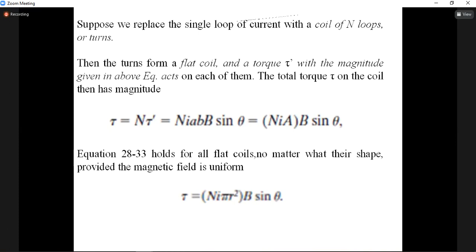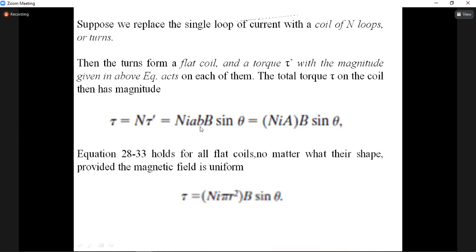And if you have a circular coil, then what will the area be? Pi r square. So this is written as pi r square here at the point of A. Any question beta up to this point? Sir, can you explain this again?